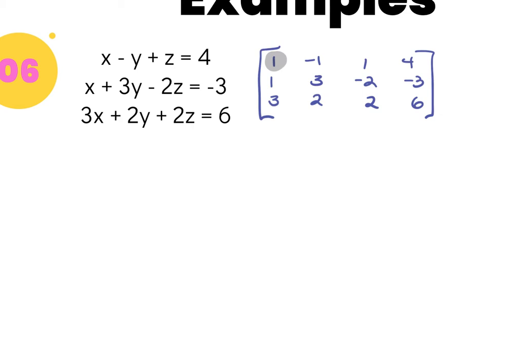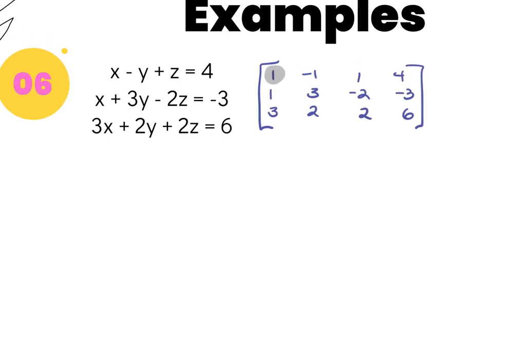Let's say it started this way, then I would recommend step 1 being to switch either row 2 with row 1 or row 3 with row 1, but get that 1 in the top corner. That's much easier than doing a third all the way across, right? A third all the way across means you have to work with fractions every time you use row 1, which I would strongly say do not do that. Okay, so the 1 is in the top corner.